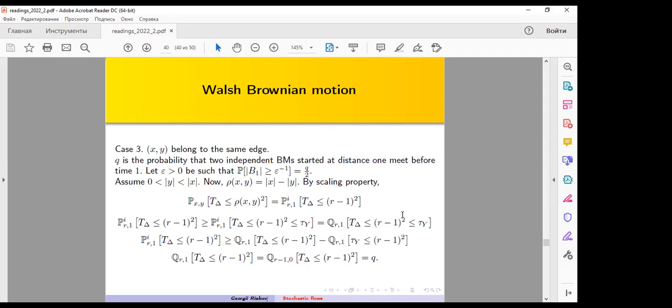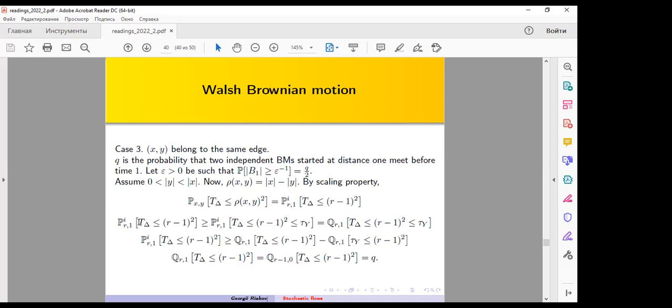Choose epsilon in such a way that this equality holds. Okay, and now let's consider x and y. So they belong to the same edge. We assume that y is less than x, so the distance is the difference. Using the scaling property with r equal to x over y, we can write the probability as follows.